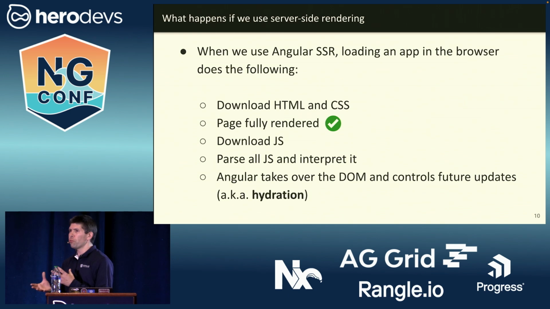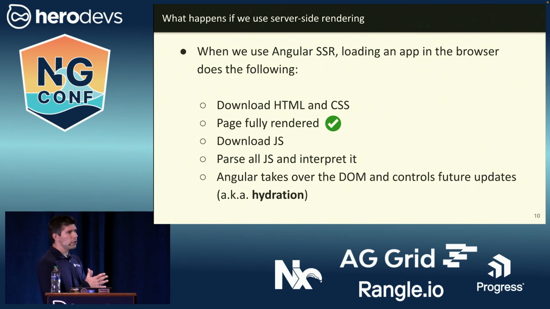So now we see what the problem is with regular Angular, right? Regular client-side rendering. Because we have to build everything step by step on the client side, our layout is going to move, things are going to be slower. If we use SSR instead, what's going on?